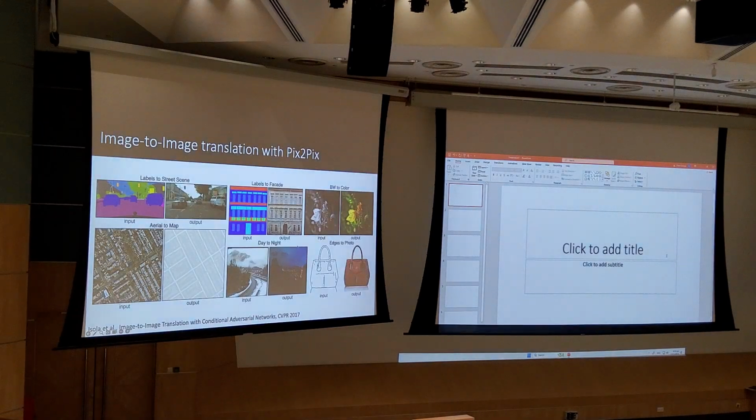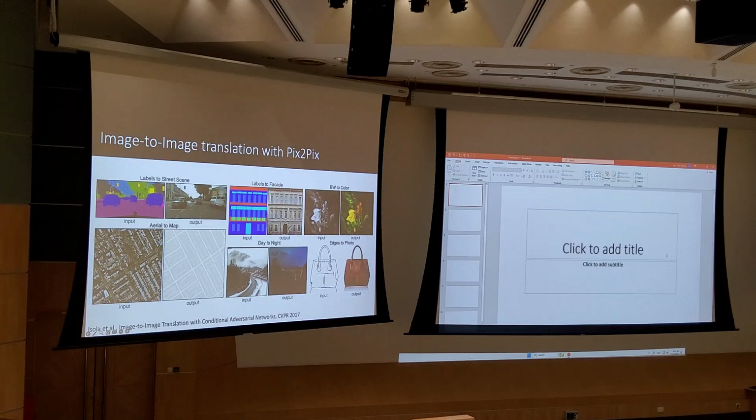Remember at the beginning of this GAN lecture, I showed you that you can use GAN for image to image translation. This is how you can do that. The method is called Pix2Pix. It was published 7 years ago by Berkeley.